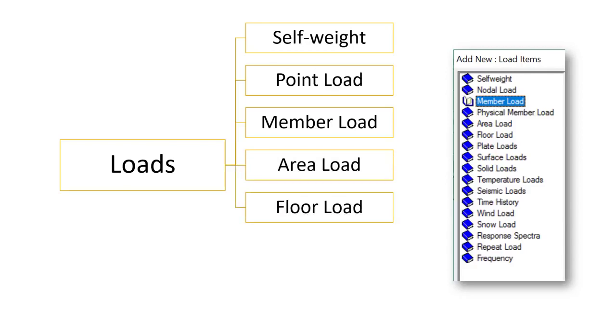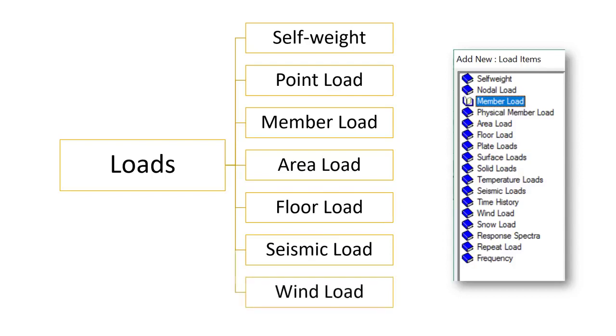We'll talk about the differences also in a later movie. Seismic loads, that is the effect of earthquakes, and the wind loads. In general, you need to have an understanding of all these loads and where those loads are applicable.